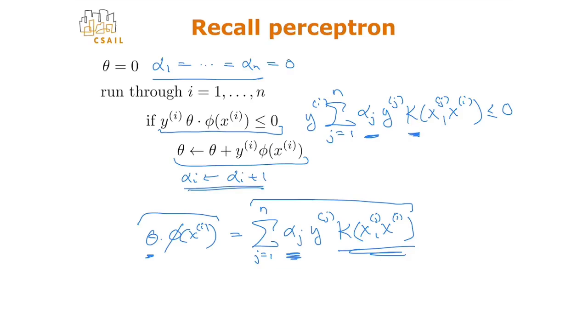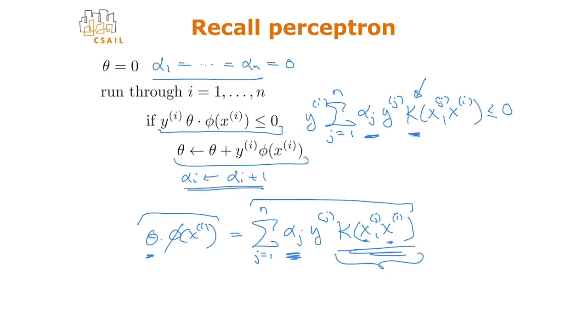Okay? I will tell you what the kernel function is. Then I can run the perceptron algorithm and implicitly operate in that higher dimensional feature representation, while running the algorithm only in terms of the scalar valued kernel evaluations between two examples. Okay? So you can think of the kernel function here as a kind of similarity measure: how similar the jth example is to the ith example.